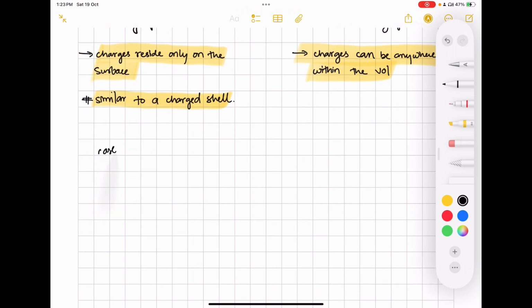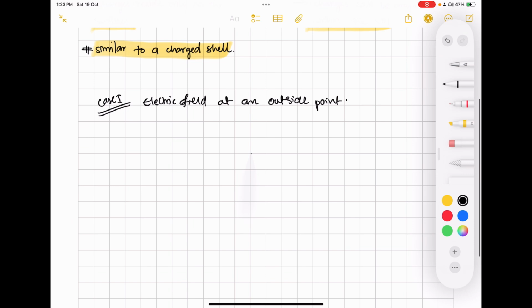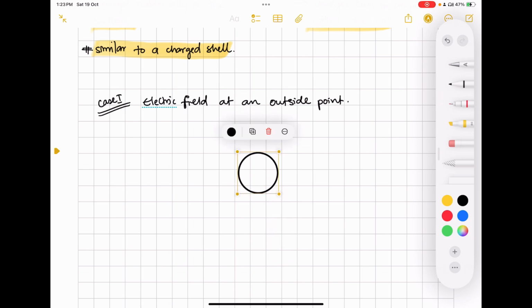So, case 1: electric field at an outside point. Suppose we have a non-conducting sphere like this, and we have charges inside the volume.